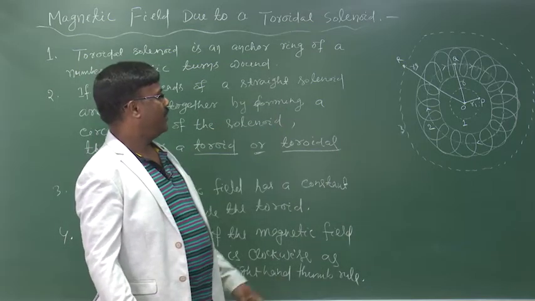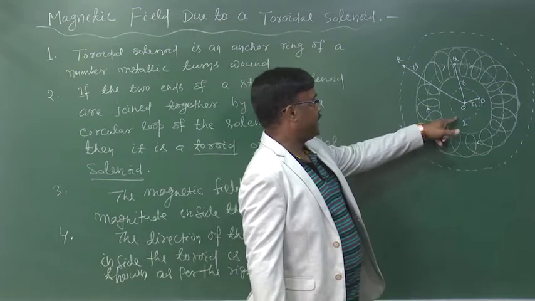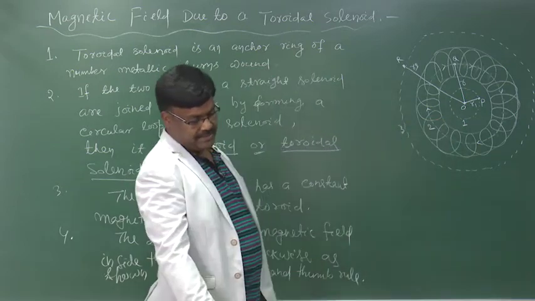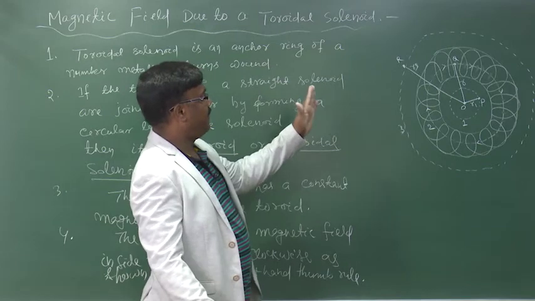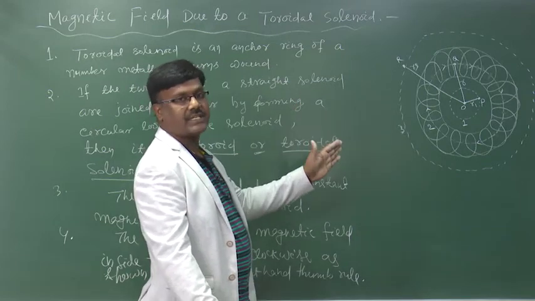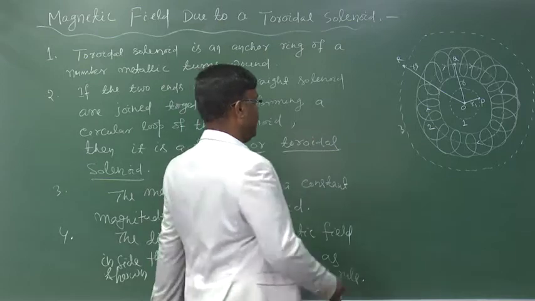Here what we have shown are three Amperian loops, 1, 2 and 3, where we have to find the magnitude of the magnetic field strength due to the toroid.